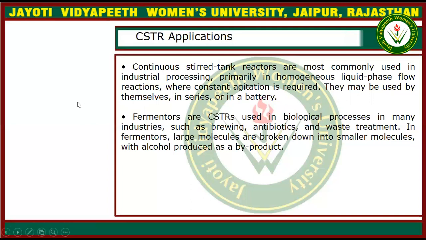Fermenters are continuous stirred tank reactors used in biological processes in many industries such as brewing, antibiotics, and waste management. So there are various applications of continuous stirred tank reactors for the production of different types of products such as smaller molecules, alcohol production, and single cell protein production.